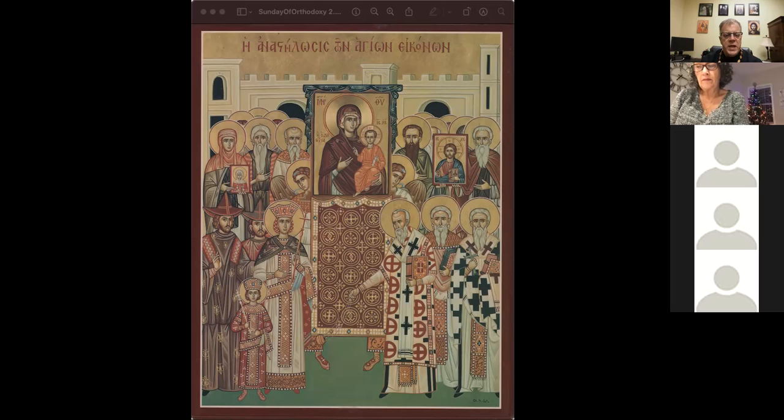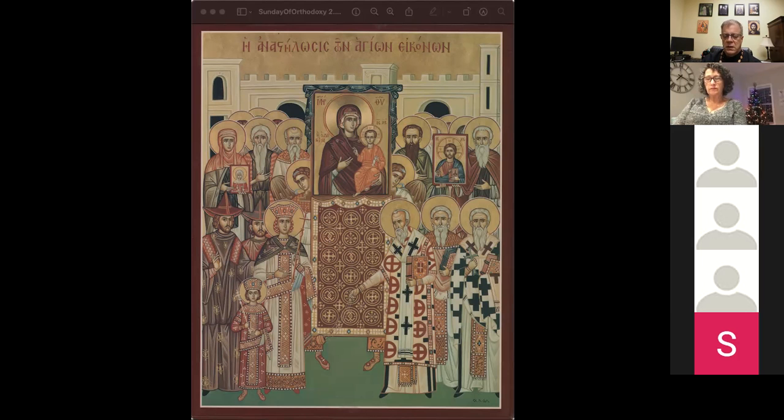Okay, so we define that the holy icons, whether in color, mosaic, or some other material, should be exhibited in the holy churches of God on sacred vessels and liturgical vestments, on the walls, furnishings, and houses, along with roads, namely the icons of our Lord God and Savior Jesus Christ, that of Our Lady Theotokos, those of the venerable angels, and those of all saintly people.